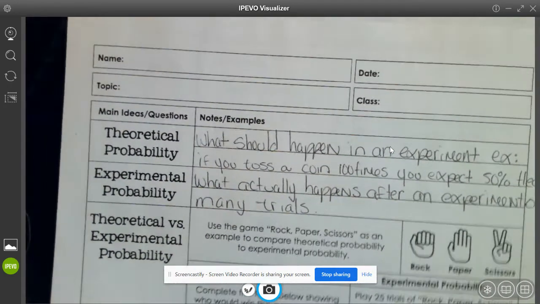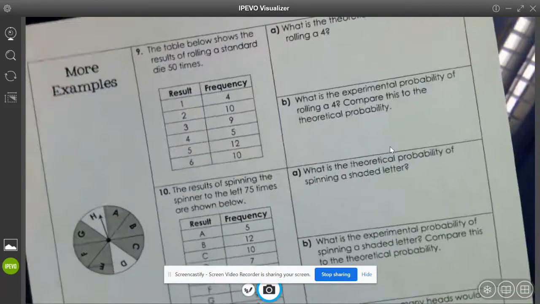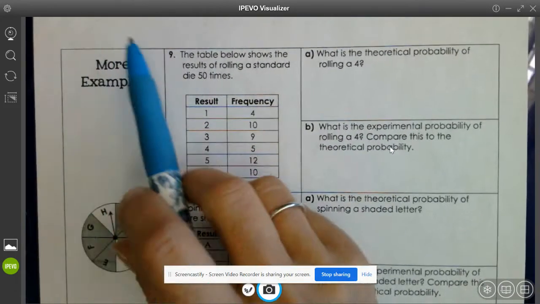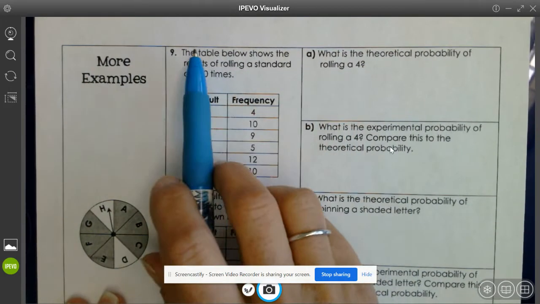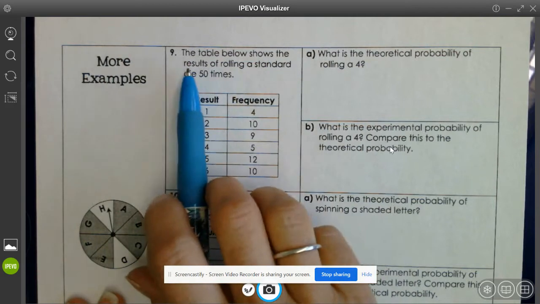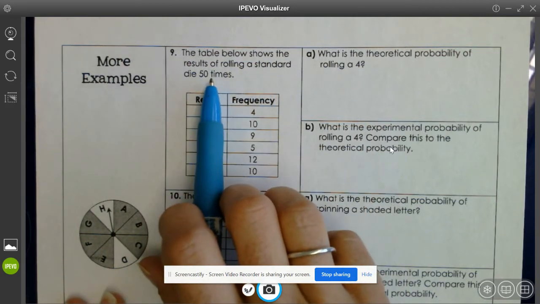So let's do a couple of examples here. I'm going to show you this one. So notice that we have a frequency table here. It says the table below shows the results of rolling a standard die 50 times. So you have a die, you roll it 50 times.